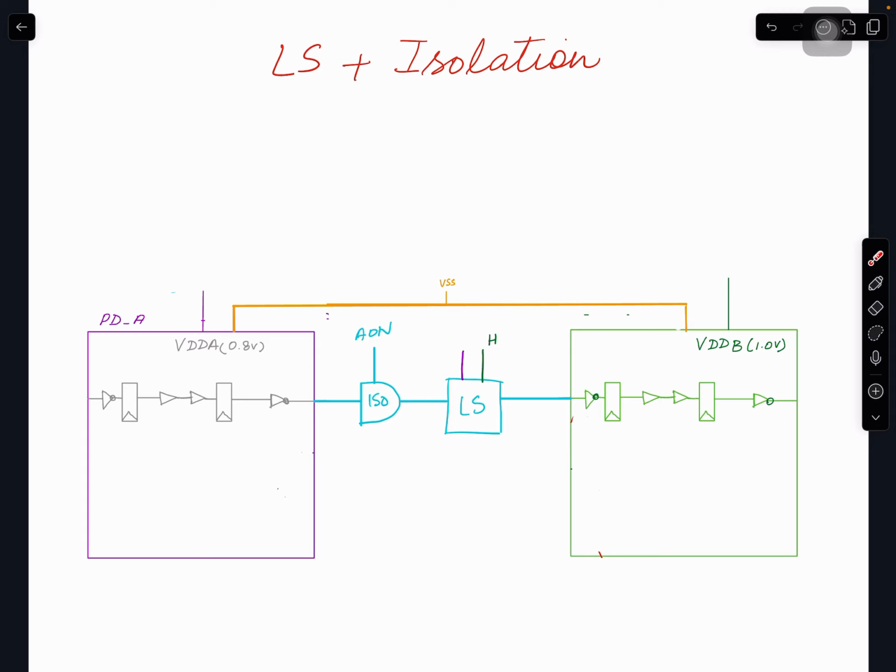The level shifter input needs a proper signal; if it is floating, everything will go floating if this passes. So you need an isolation signal before that. If this is always on, this level shifter is level shifting from always on to high, not from this voltage to high. So the connectivity of these two is also important.